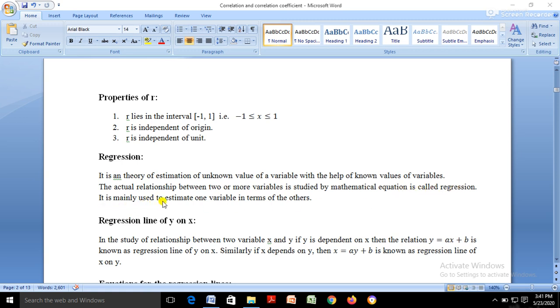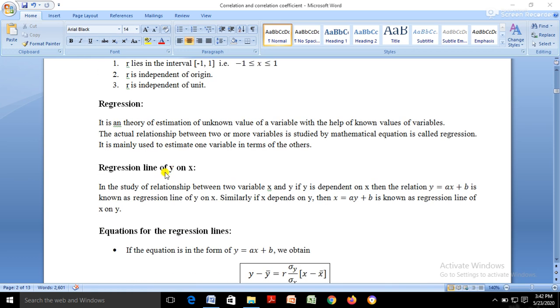It is mainly used to estimate one variable in terms of another. So we estimate the unknown value by using the relation between two or more variables, and that is called regression.